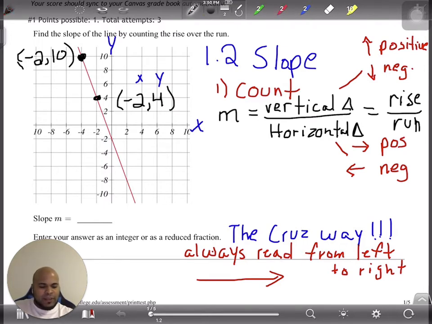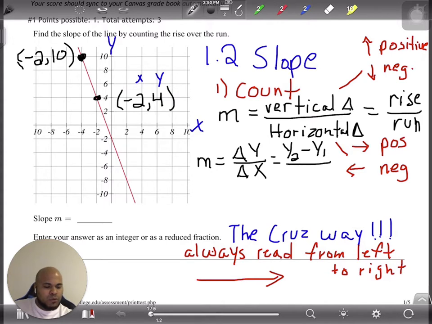Another way that you could see slope is represented as the change in y over the change in x, which gives us the famous slope formula, y2 minus y1 all over x2 minus x1. So these are different ways that we could find slope.